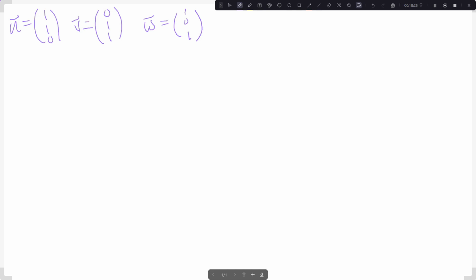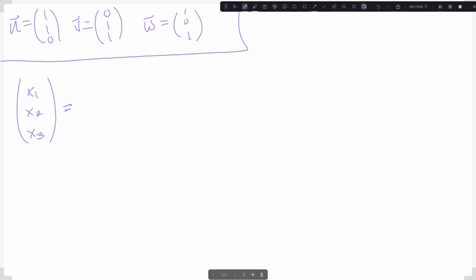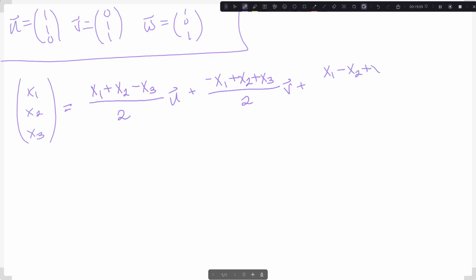So let's show why we're a basis, because let's consider an arbitrary vector x1, x2, x3, and I'm going to make a claim that this is equal to (x1 plus x2 minus x3) over 2 u vector plus (negative x1 plus x2 plus x3) over 2 v vector plus (x1 minus x2 plus x3) over 2 w vector.